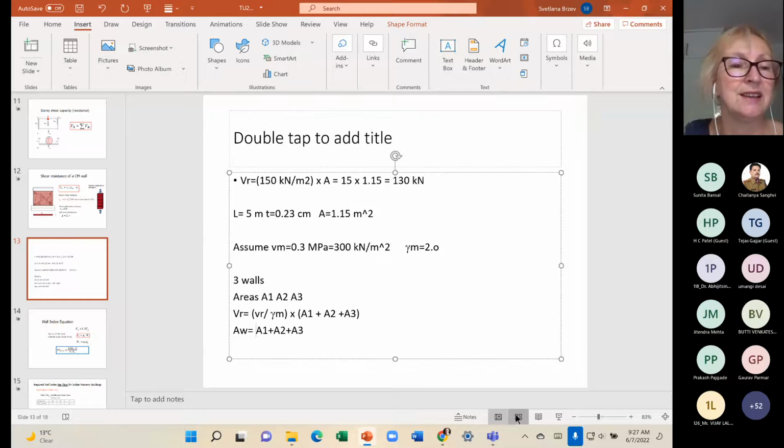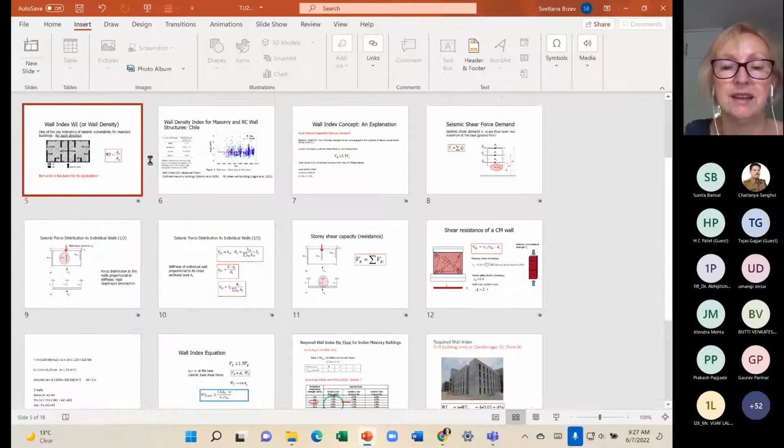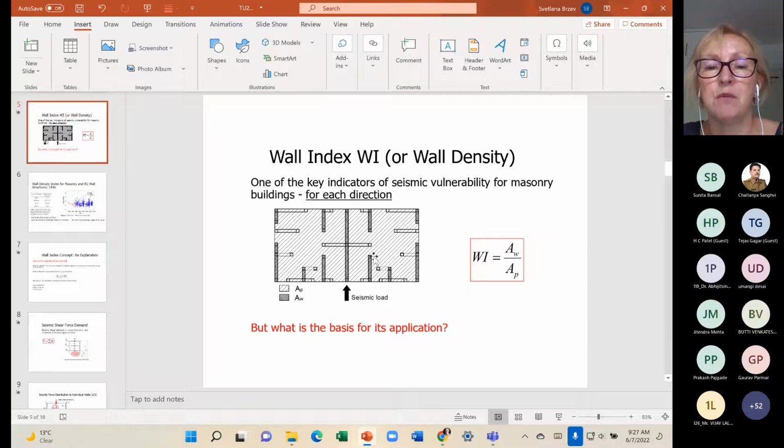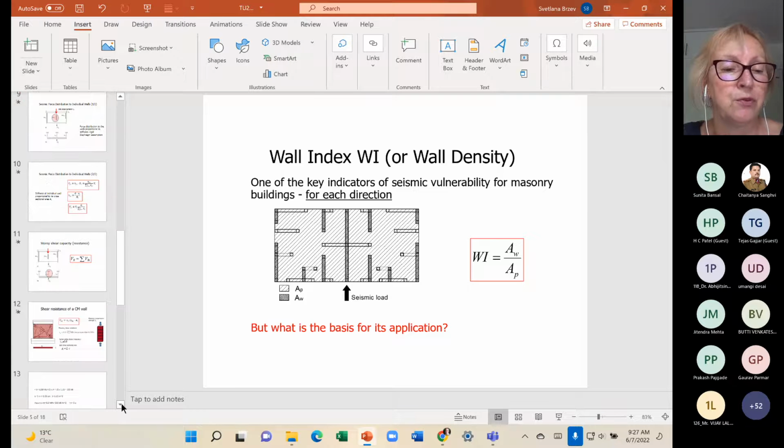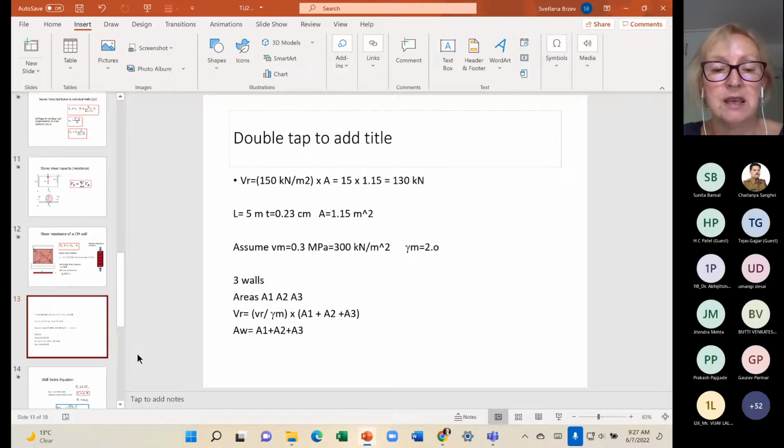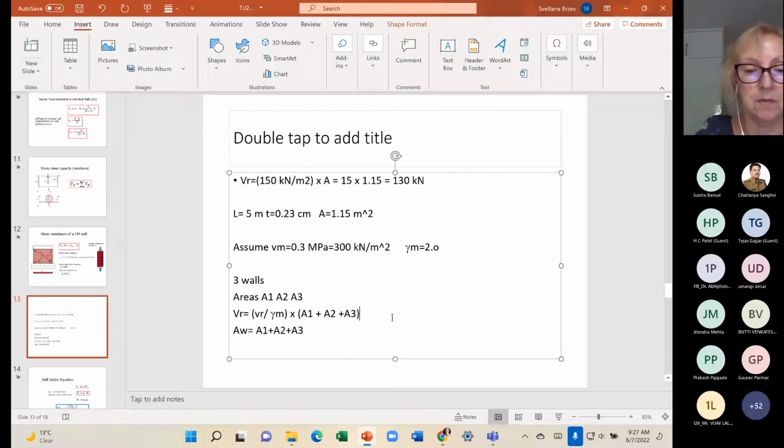So if you look at this slide, we said that we are taking AW as the sum of all walls in one direction. Okay, so we are there. And then don't forget that this AP is the plan area, the floor plan area at that level. Therefore, VR is equal to VR small times gamma m, and then times AW.